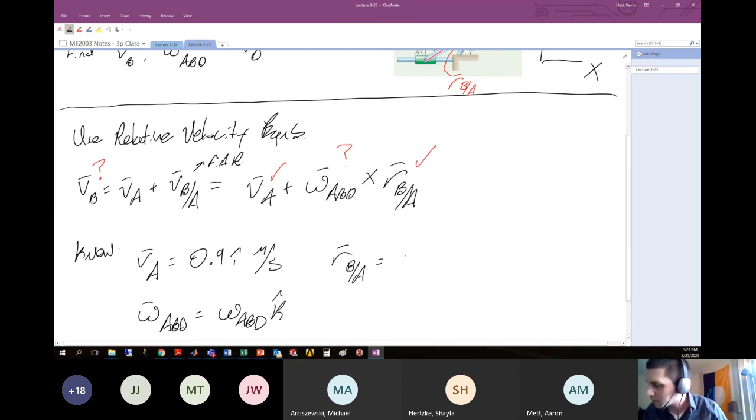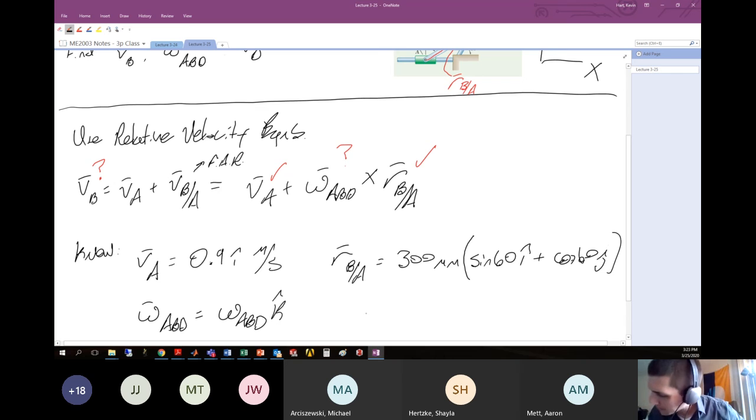Specifically, we'll say that this is 300 millimeters multiplied by the trigonometric relationships in each direction: sine 60 i hat plus cosine 60 j hat. If we work this out and convert to meters, since our velocity of A is given in meters per second, let's work in meters in this problem.